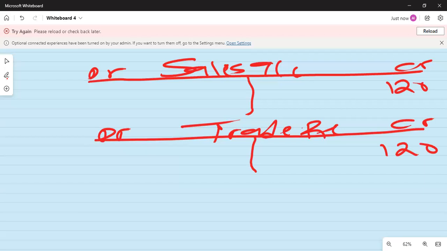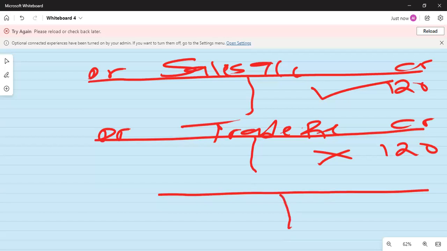So you are having credit and credit. But now, this one is correct, and this one is not correct. This is what they have done.